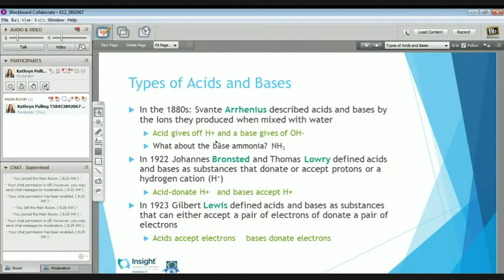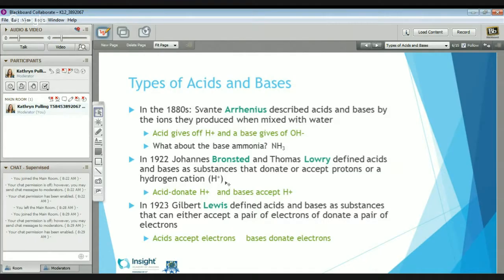That gets a little tricky and a little confusing, especially when we talk about what water does. A year later, Gilbert Lewis defined this just a little bit more generally. Acids can accept electrons, because they're going to give away something positive, which means they gain an extra electron.